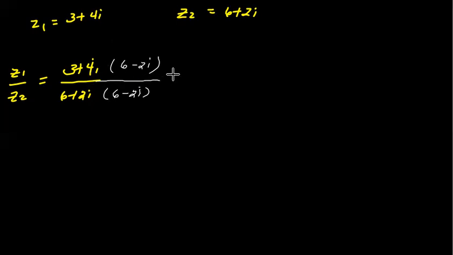The denominator is easier to work out because what I have is a case of Z times its conjugate. And if you want, you can look at it as a case of a plus b, a minus b. So I can work this out really quickly. I know what I'm supposed to get. I'm supposed to get a squared, which is going to be 36.